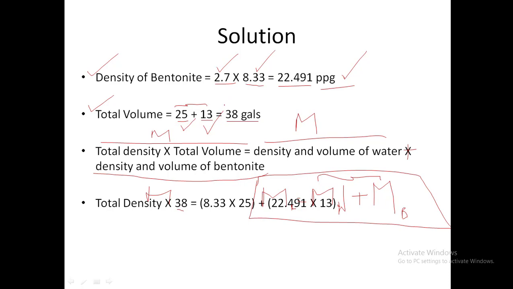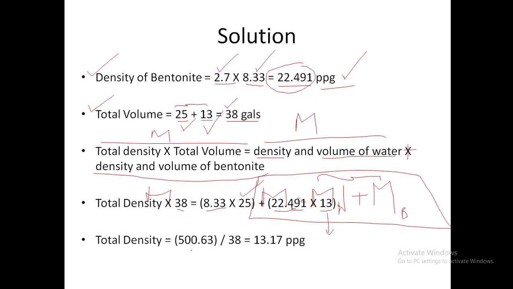So the total volume we have calculated is 38 gallons. After that, we know the density of water, which is 8.33 ppg, and the volume of water is 25 gallons as given in the question. And the density we have calculated here for bentonite is 22.491, and 13 is the volume of bentonite as given in the question.